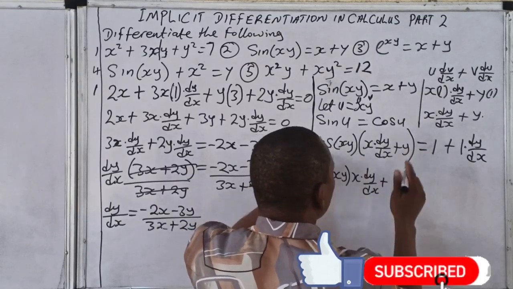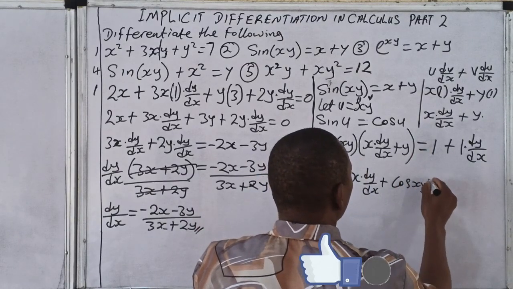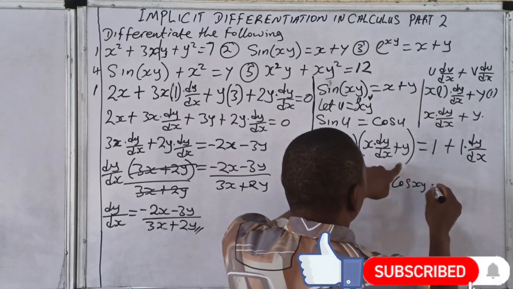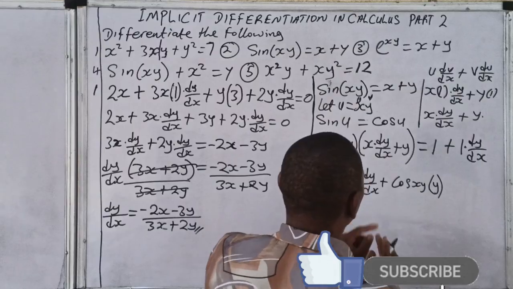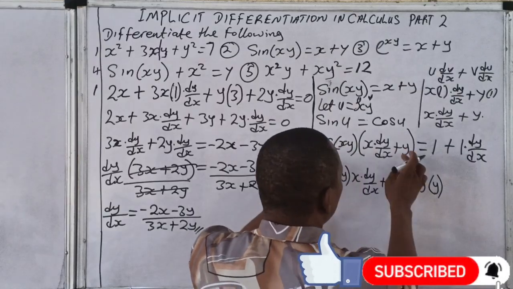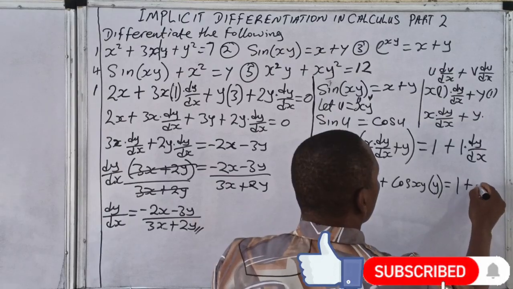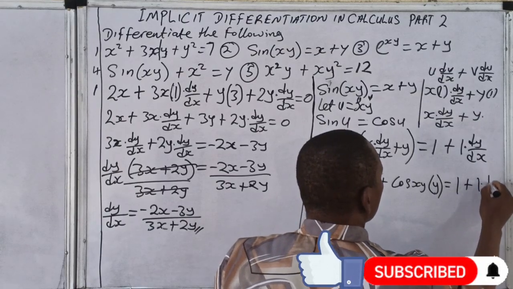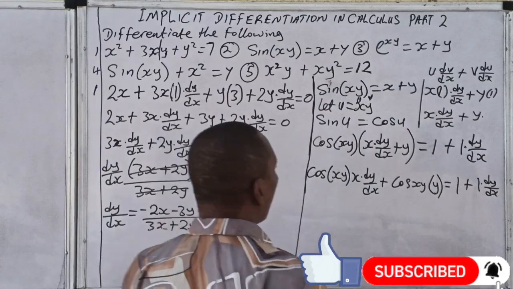Plus, use this to multiply this, you now have cos(xy) bracket y. All right. Now, I've used this to multiply this. Equal to 1 plus 1 dy/dx.